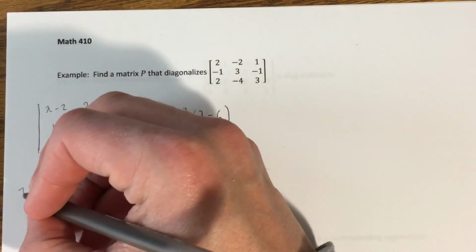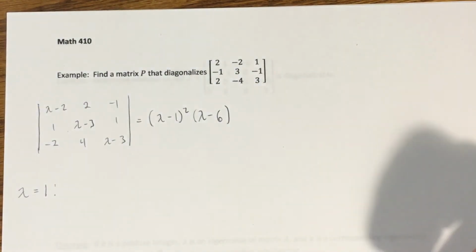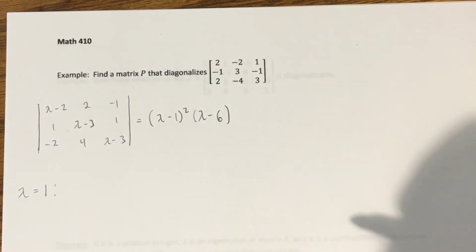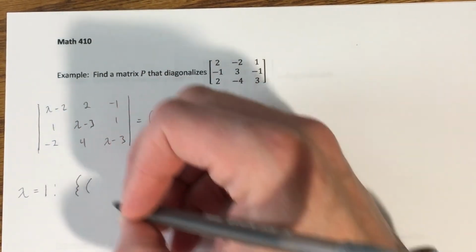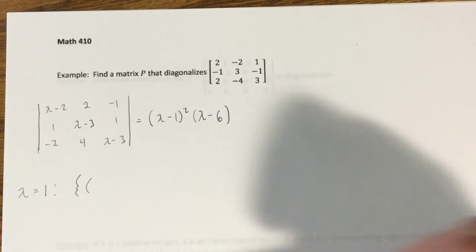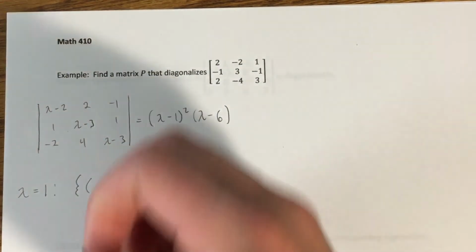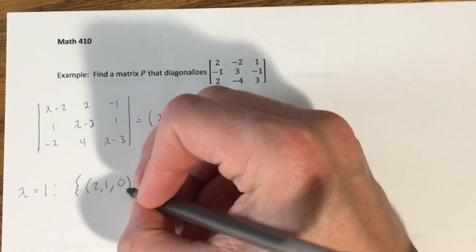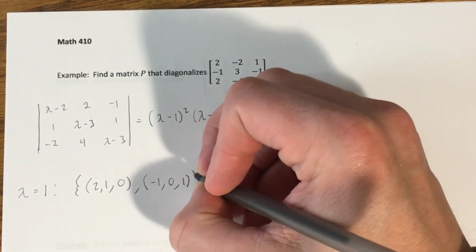Starting with lambda equals 1, remember you want to find a basis for the eigenspace that corresponds to this. This is where I'm going to skip some steps and go straight to the basis, but you would do this using the technique we talked about in 5.1. A basis I can get for this eigenvalue is (2, 1, 0) and (negative 1, 0, 1).